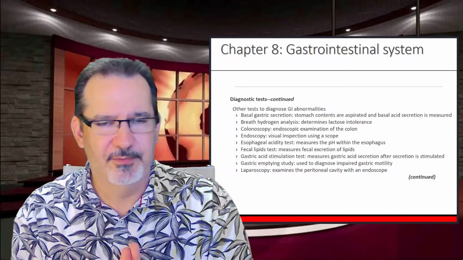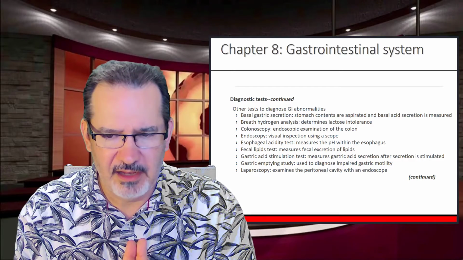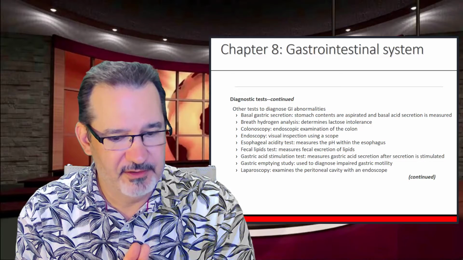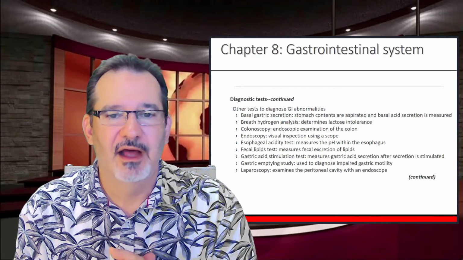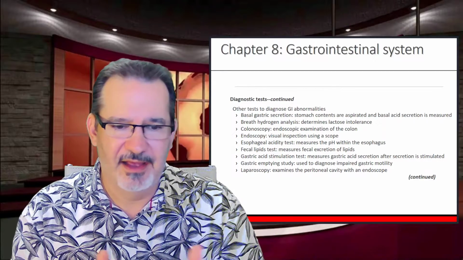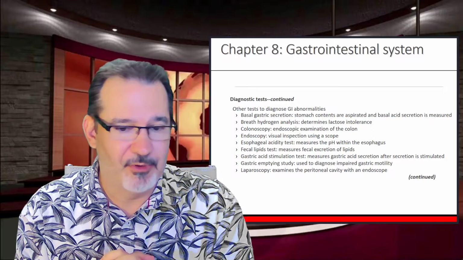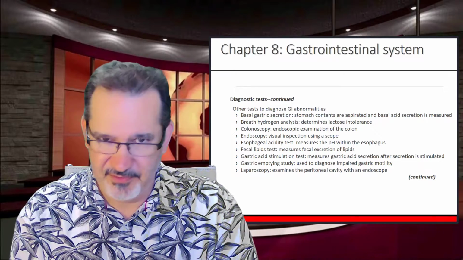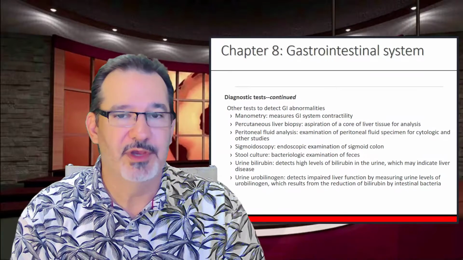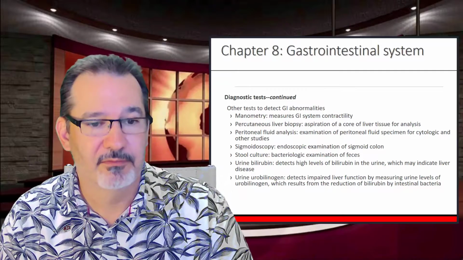Flexible sigmoidoscopies, or flex sigs, take a look at the small intestine, I do believe, for flex sigs, fecal lipids tests, gastric emptying study, laparoscopies. I mean, all kinds of different tests that we do for the GI system, which is actually really good because we can have early diagnosis of problems with the GI tract.